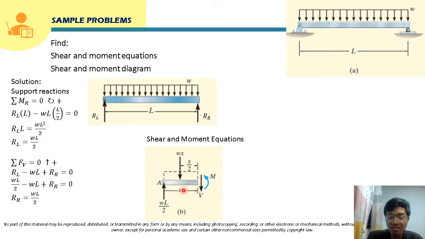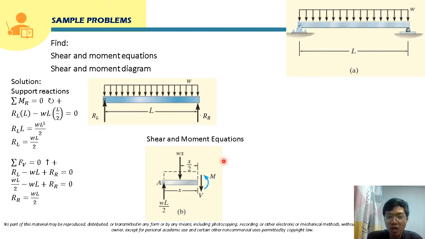This X can be any distance, so this will be a variable X. So if we cut a section anywhere in this beam, let's say we cut it here.